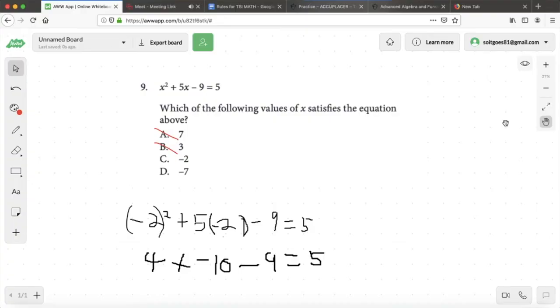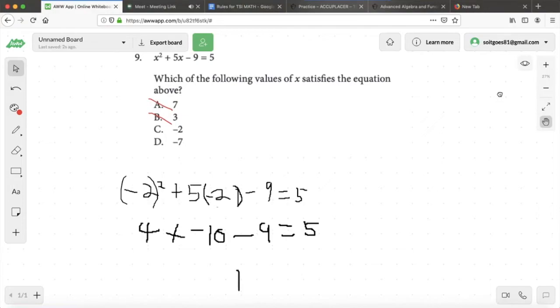And I don't think we even have to calculate that. Is that going to give us 5? What's 4 minus 10? This right here, notice you've got an addition and a subtraction sign. If you're adding a negative, what does that mean? So 4 minus 10 is going to be 6.